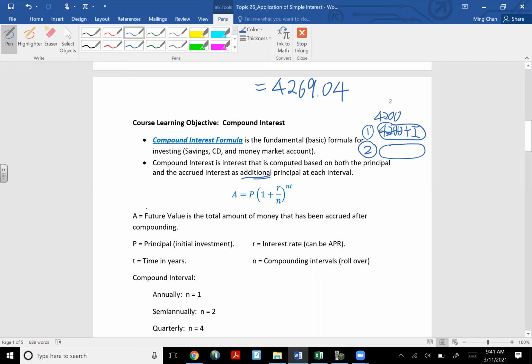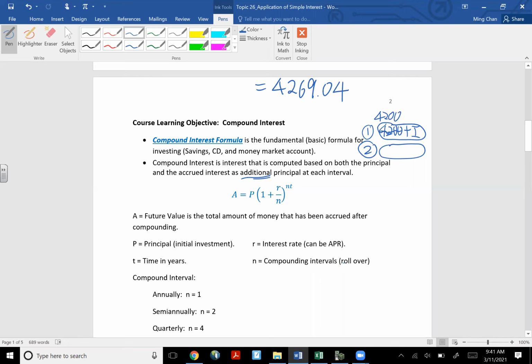All right, so capital letter A in the formula stands for future value, which is the total amount of money accrued after compounding. That's the total amount of money in your bank account. P is the principal, your investment. t is in years. r is your interest rate. The lowercase n stands for compounding intervals. How many times does it roll over in a year?